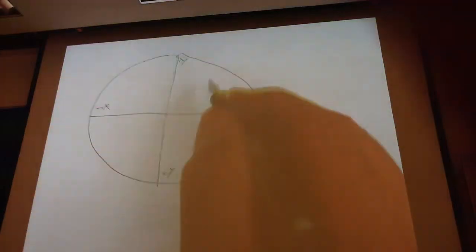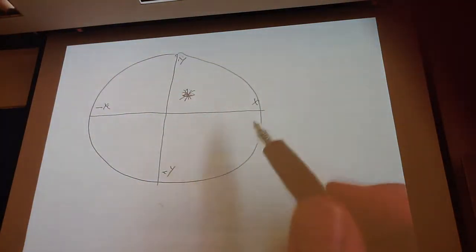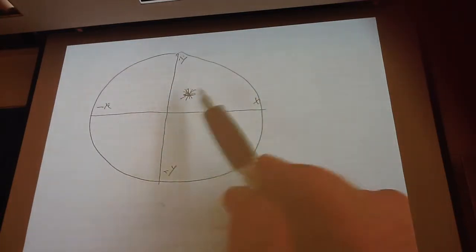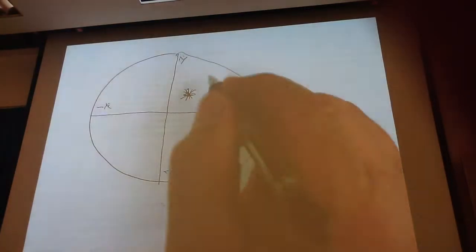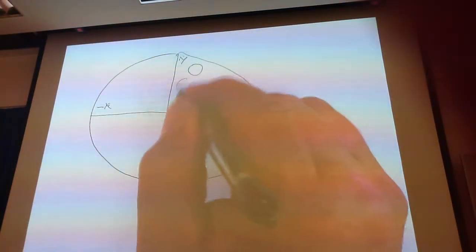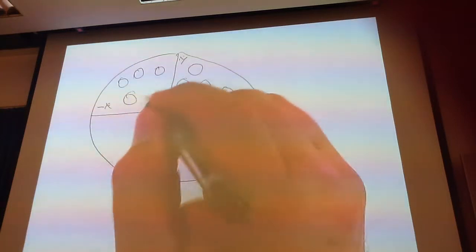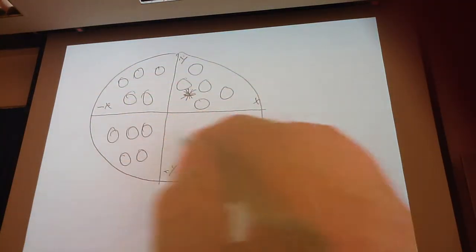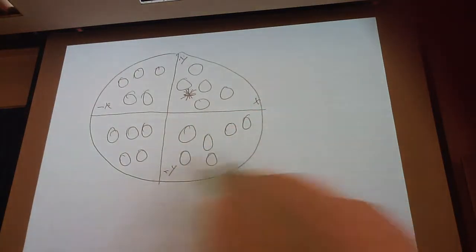Let's just say that we have a photon that strikes here. Every PM tube in your crystal will see the light from that one photon. Obviously the ones that are right underneath it are going to get a brighter light and produce a stronger signal, but even the ones that are way over here, no matter where it is on the crystal, will see this.